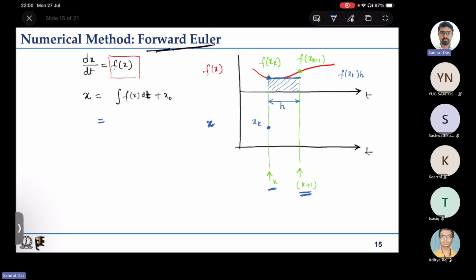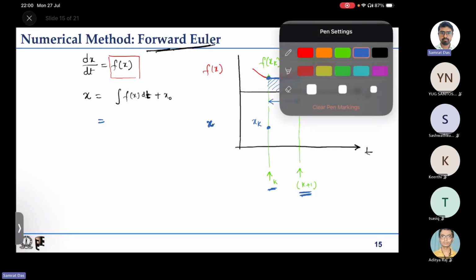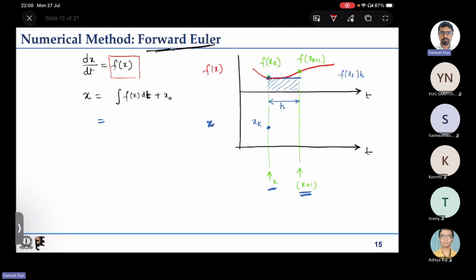Mind you, the actual area might be something different. The actual area is whatever is enclosed by this red curve, which I am indicating by the red hatched line.